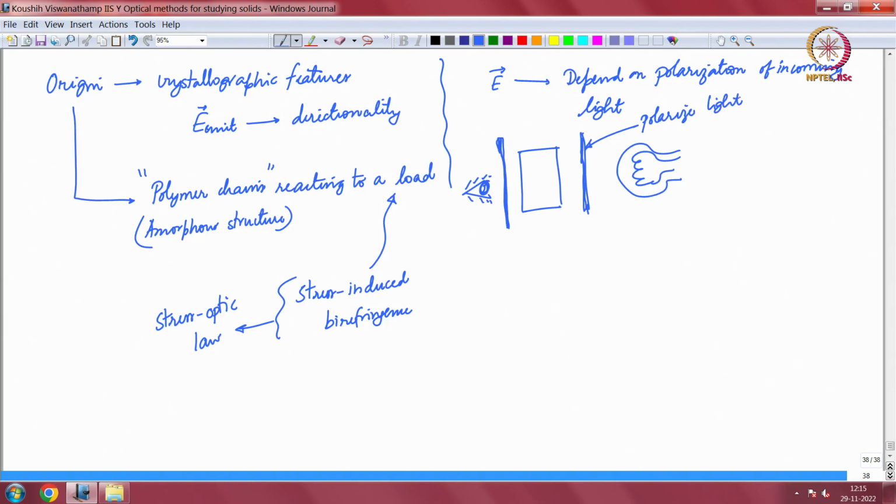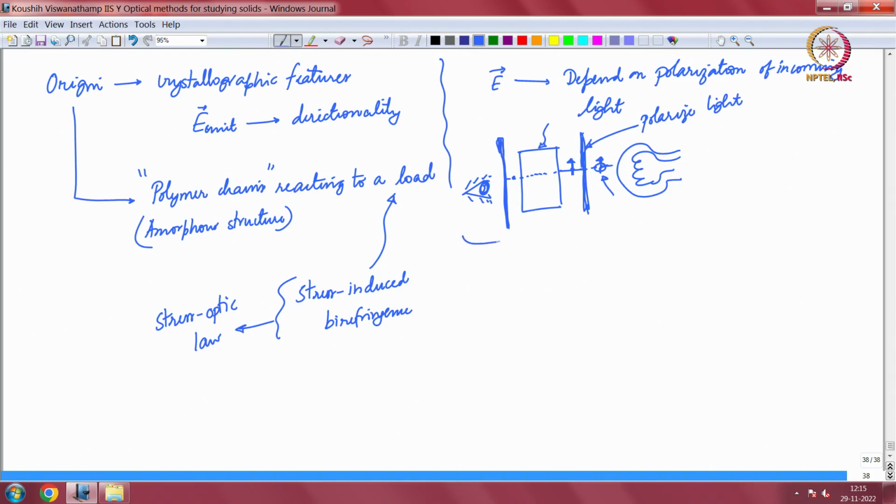So, light coming from a light source is typically not polarized, it has oscillations in all directions. We will denote that like this, we will discuss this notation in the next session, but basically the light is polarized in all directions. When it passes through the sheet, some directions are absorbed more than other directions. So, light coming in here is polarized, and depending on how it interacts with the material, depending on the birefringent properties of the material, you filter out certain other polarizations with the second sheet, and that is what you see in the form of fringes at the end.